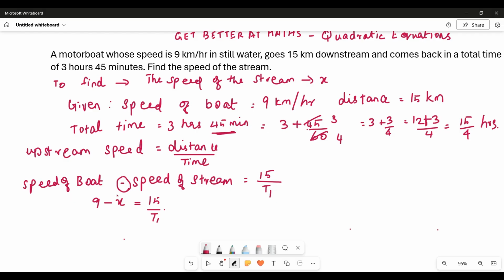Obviously the speed decreases, so we subtract the speed of stream from the speed of boat. Transposing, t1 is equal to 15 by 9 minus x. This is equation 1.